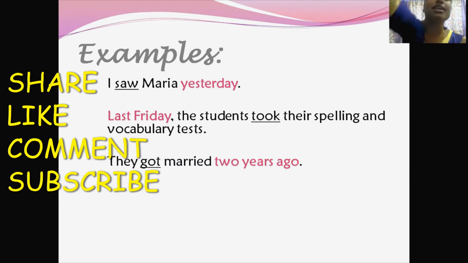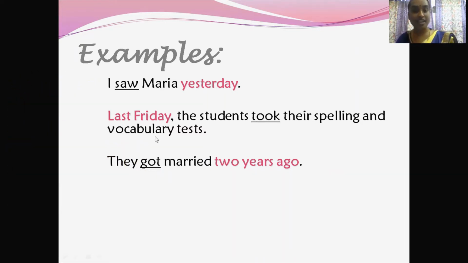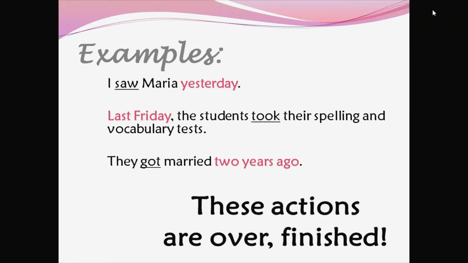The 2 years ago is also a signal word there. 2 years ago, yesterday, last Friday: these three are the signal words used in simple past tense. These actions are just finished. These actions are over. Simple past. Finished actions.